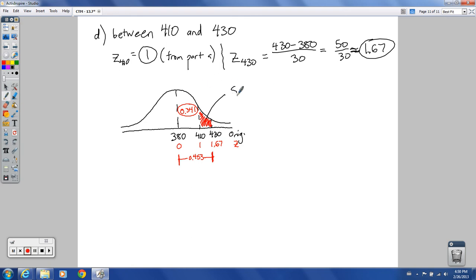So since 34.1% of the scores are between 380 and 410, and 45.3%, let's circle that down here too. That's my two most important numbers here to be able to figure that one out.